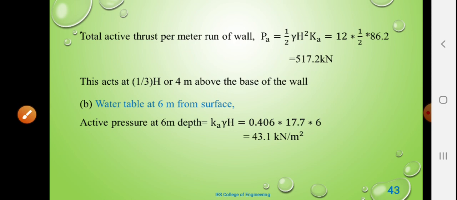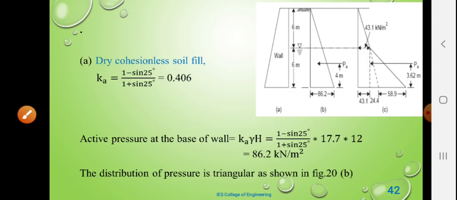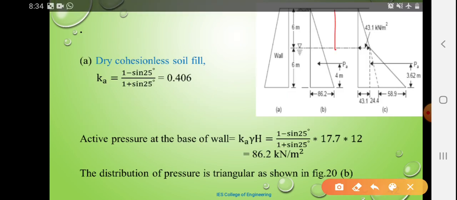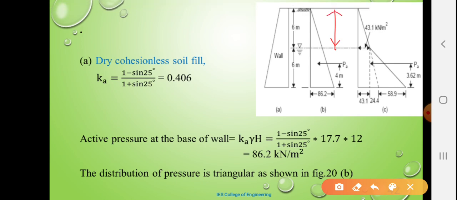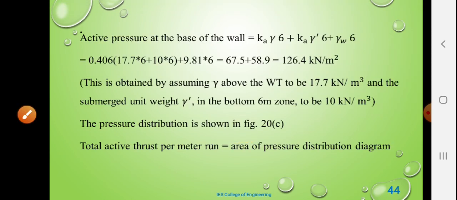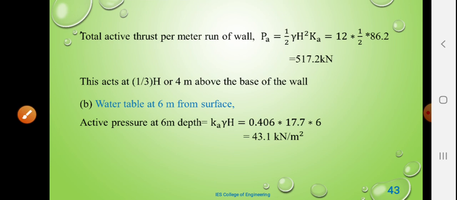So, next case, water table at 6 meter from surface. So, active earth pressure at 6 meter depth equal to Ka gamma h, equal to 0.406 into 17.7 into 6, that is equal to 43.1 kN per meter square.